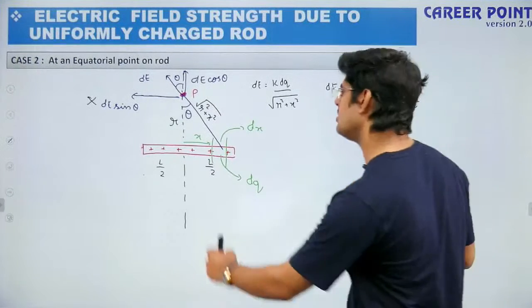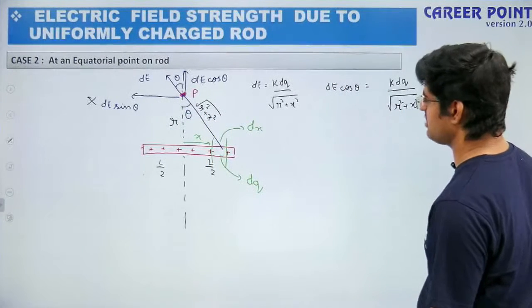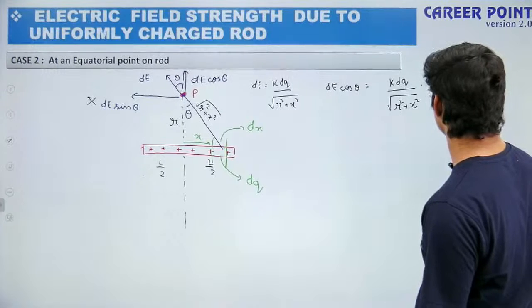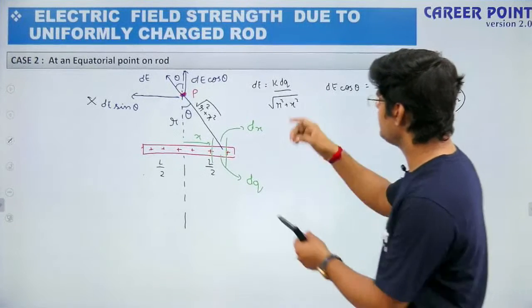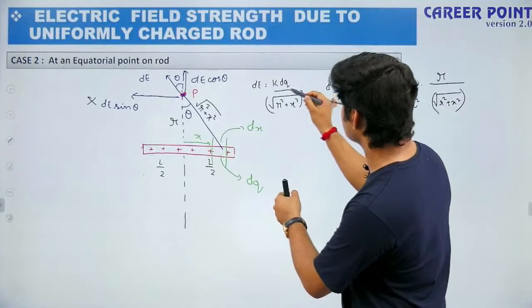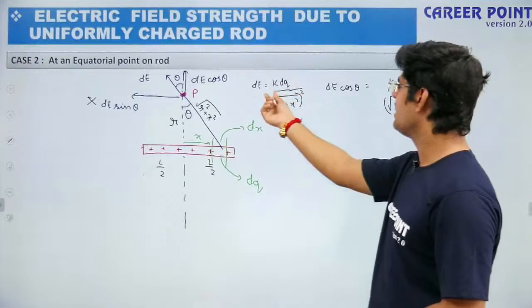Cos theta is how much? Base by hypotenuse. What is base? r. What is hypotenuse? Under root r square plus x square. Now see here, the electric field which we have taken is k dq by r square, so obviously the square must come here and here. Okay, don't miss this square.